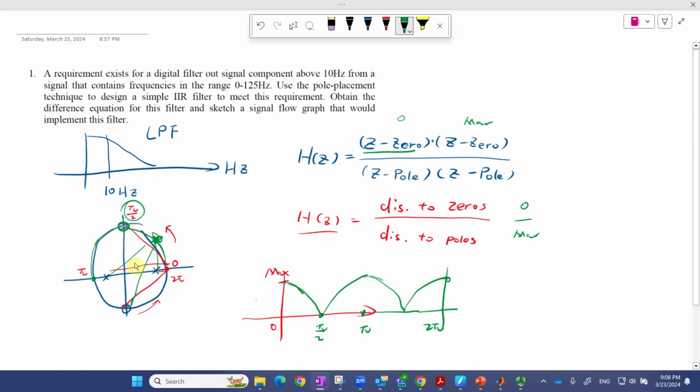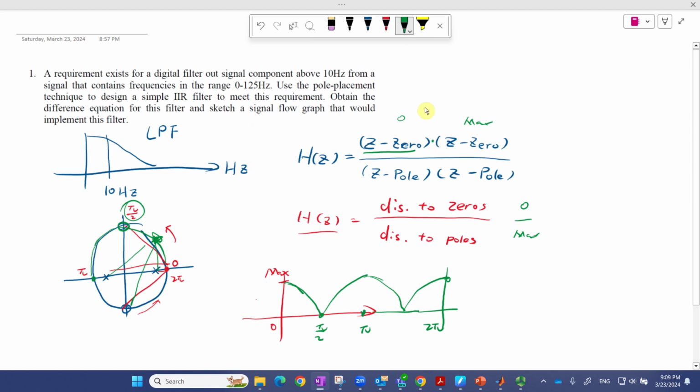If you change the location of the poles and zeros and do this analysis again, you can roughly find out the shape. We're going to do the simulation at the end of this video to see the placements of those poles and zeros.